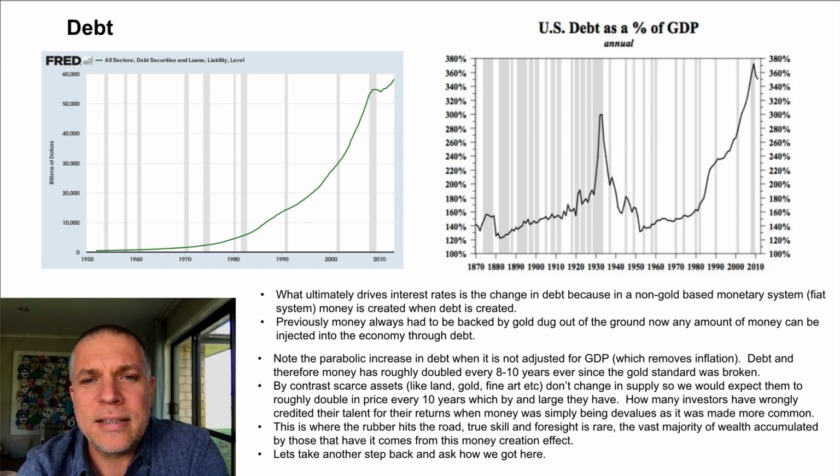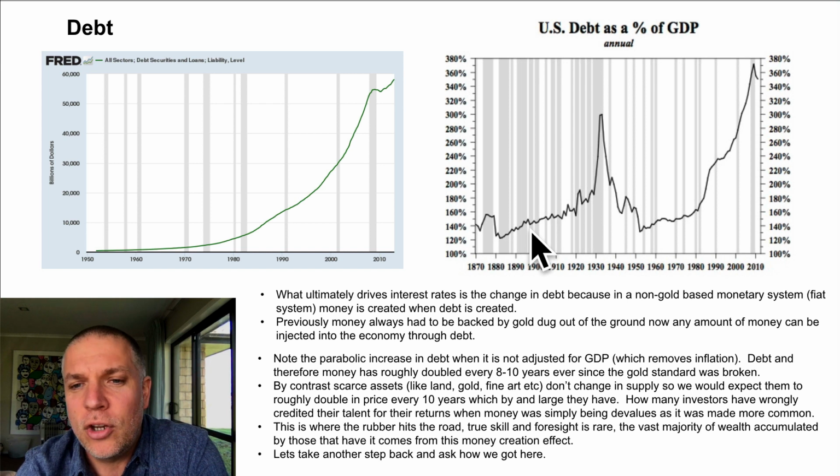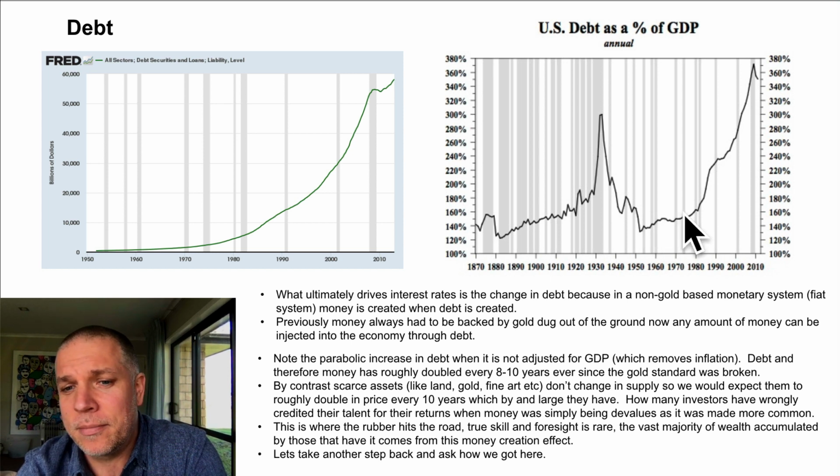So looking at these charts here, on the right hand side, you've got GDP adjusted debt. You can see two big run-ups. First one during the world wars, followed by the Great Depression, when that debt came back to reality. The gold standard kept it honest. And then this increasing trajectory been on ever since.